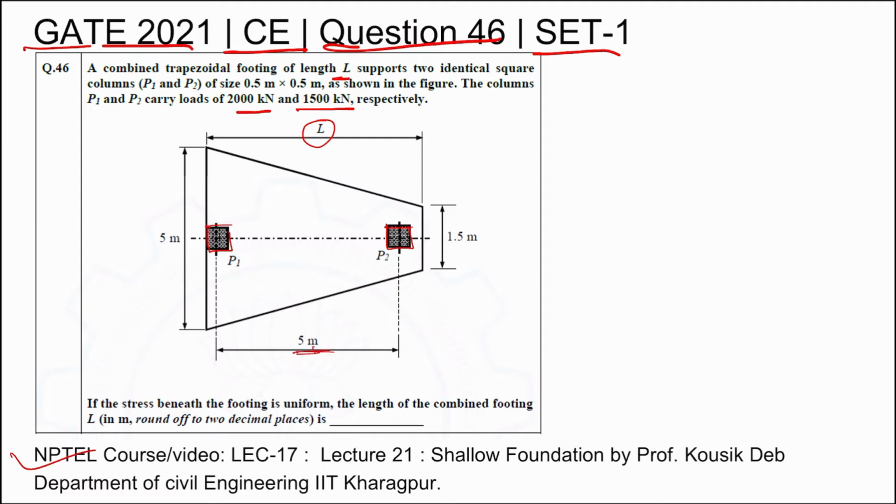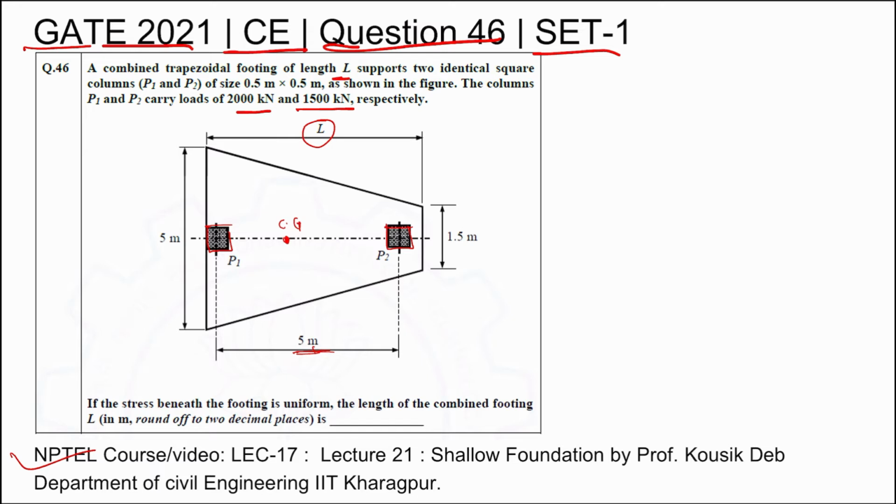From this we can get the CG of these two loads. If we get the CG of these two loads, we can get the center of gravity of this entire footing, and if we get that, we will get this L.